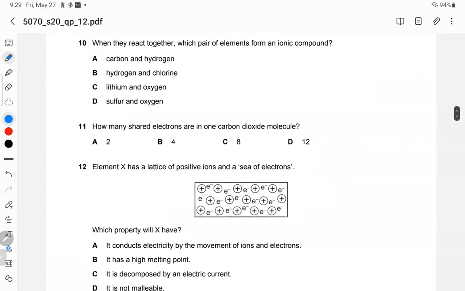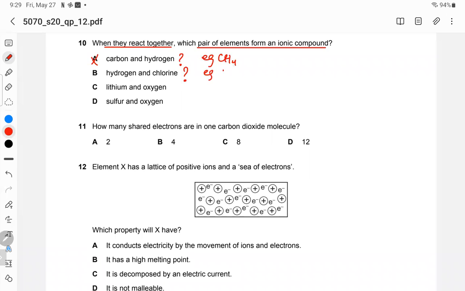Now question number 10. When they react together, which pair of elements forms an ionic compound? Okay, carbon and hydrogen. कभी भी ionic क्या बनाएंगे carbon and hydrogen ionic compound? No, sir. नहीं बनाएंगे. What about hydrogen and chlorine? No, sir. No, it's methane.